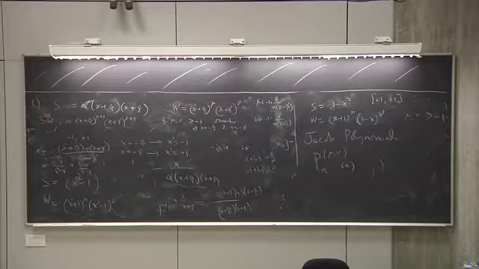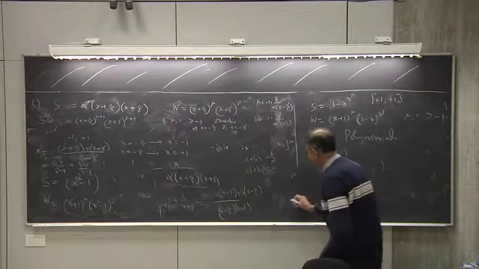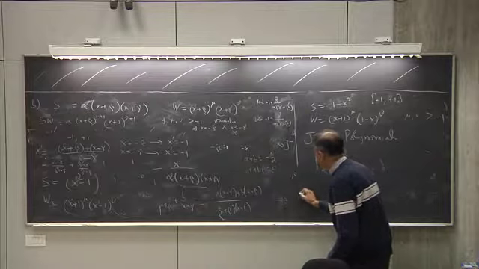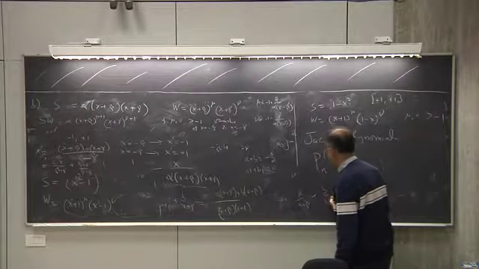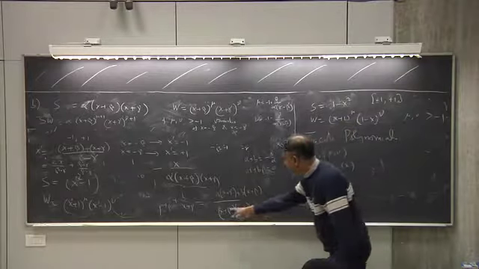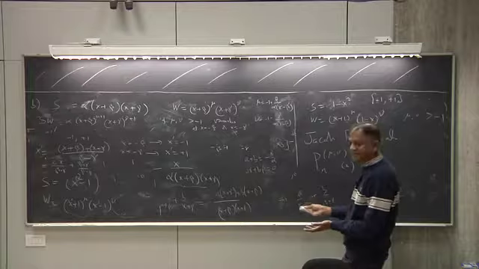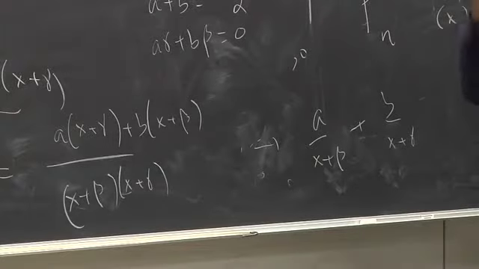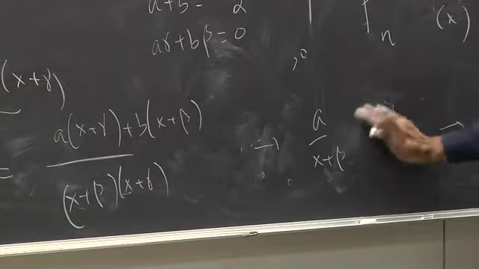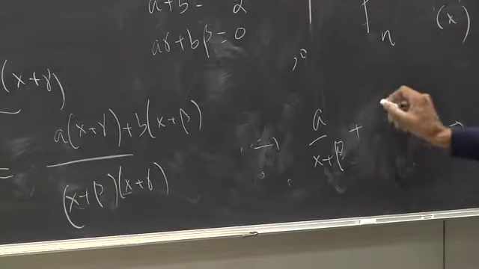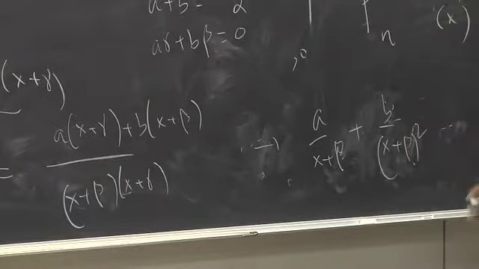First of all, the partial fraction won't work. Here, when beta is different from gamma, we could always write this thing as some number, let's say a divided by x plus beta, plus some b divided by x plus gamma. But if the two are equal, you cannot write it like this. At best you can write it with a term which will be some b divided by x plus beta squared, right?